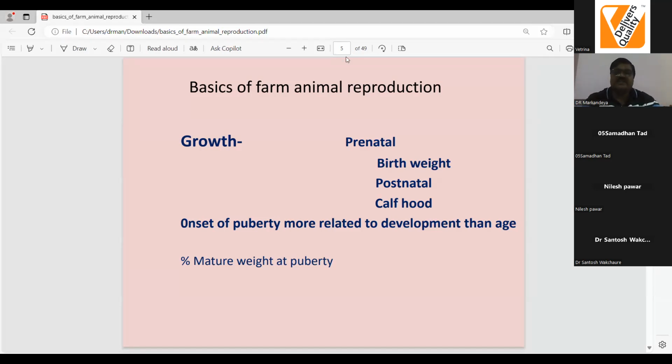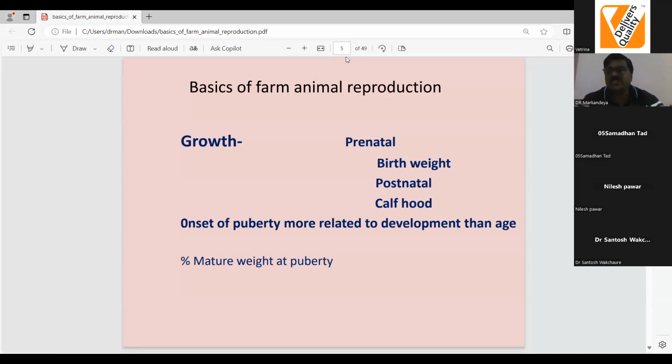Onset of puberty is more related to development than age. So it is an interaction of age and body weight, both body weight, skeletal weight, and calendar age. Friends, age is also important. Let the heifer grow up to 9 months, 10 months. Body weight must be 250 kg in case of cow heifers. In case of buffalo heifers, it is 275 kg.